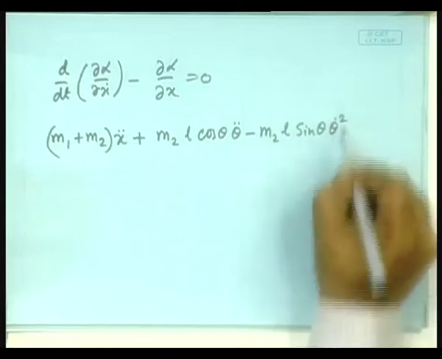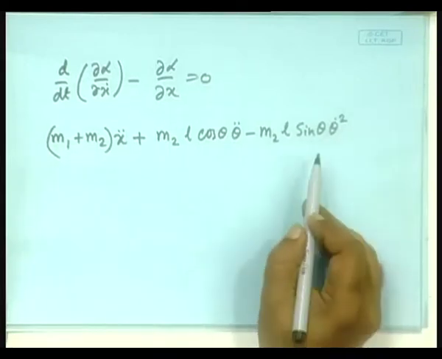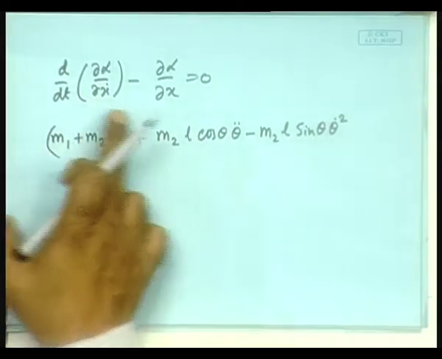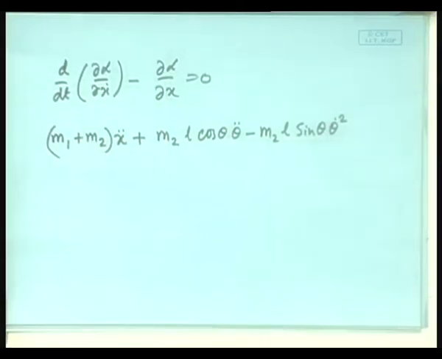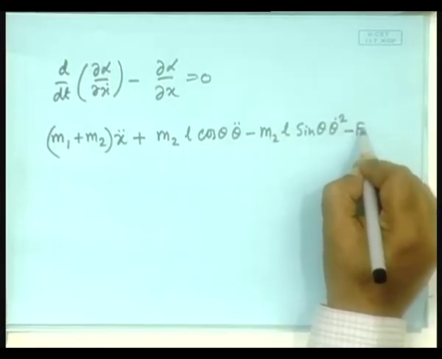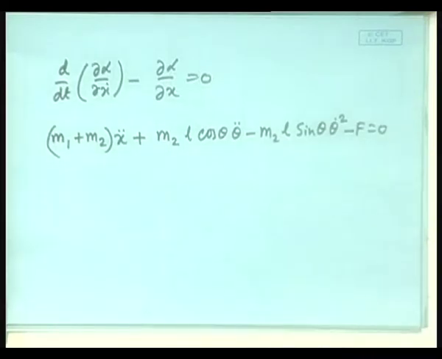Right, so this is the derivative of this. Now we have to write minus this, so that would be minus F equal to 0. Done.